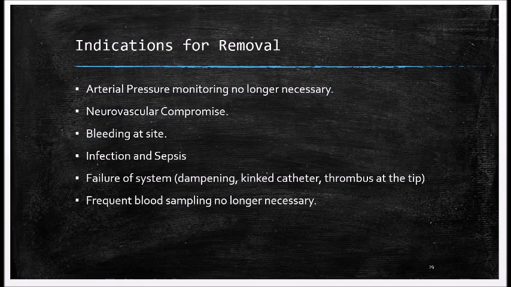Infection and sepsis. Just make sure that if you do take out the arterial line and you need it for culture or sampling, then keep it sterile. If there's a system failure because it's constantly dampened, it's kinked, there's a thrombus on the tip, or if frequent blood sampling is no longer necessary.